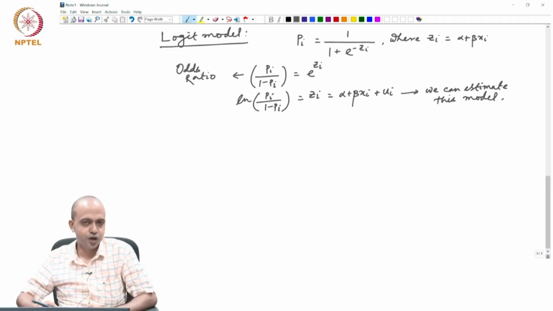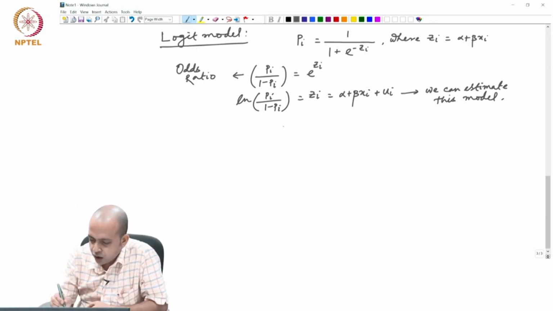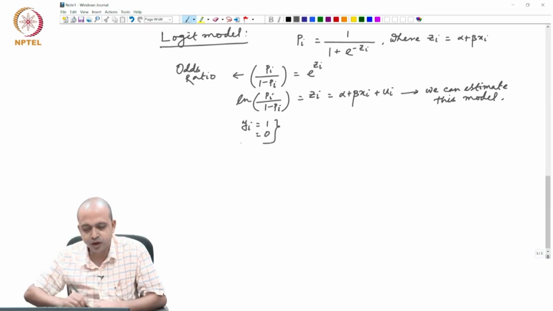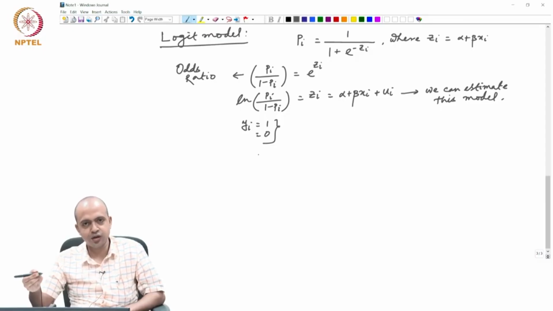Now, if you think of estimating this model, how will you estimate it? You have information on y, and y can take two values, yi equals 1 or 0. yi equals 1 indicates the individual is owning a house, and 0 indicates not owning a house.